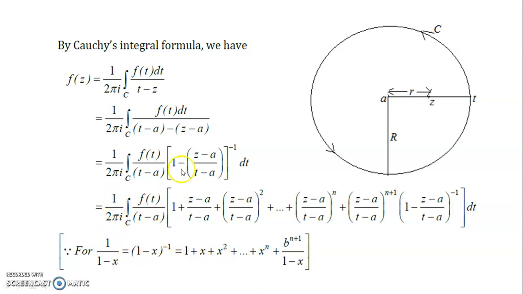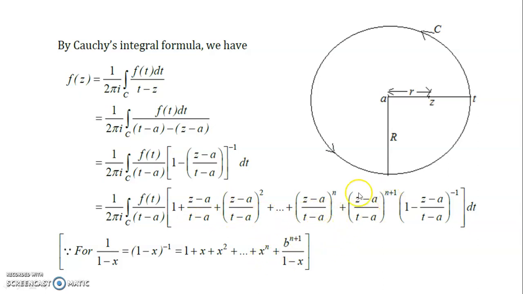Here we have expanded 1 minus x to the power of minus 1, where x is (z minus a) divided by (t minus a). You can put it in this form.